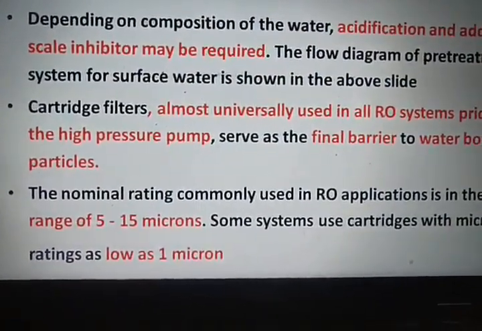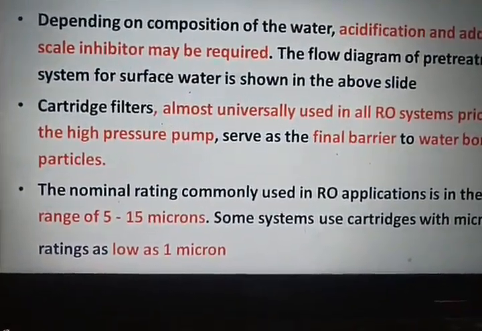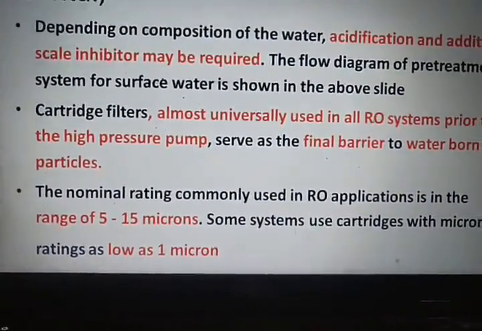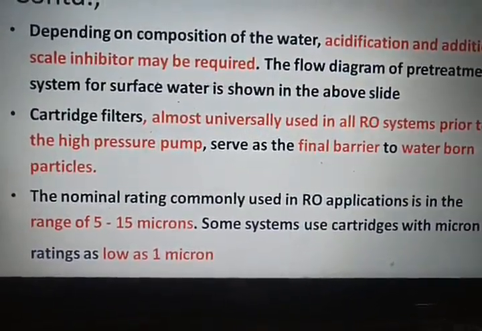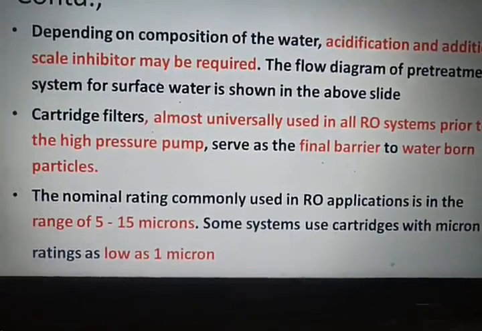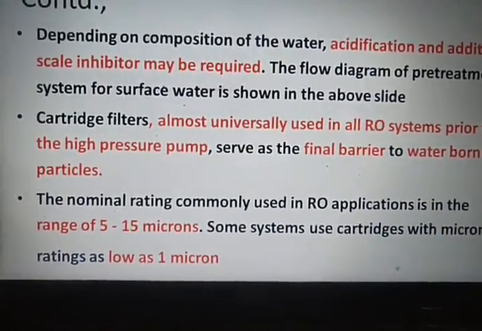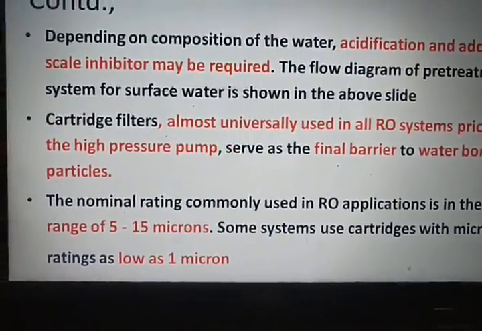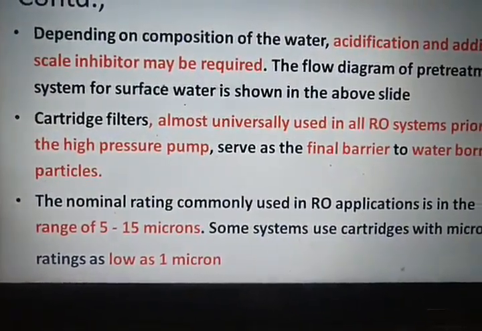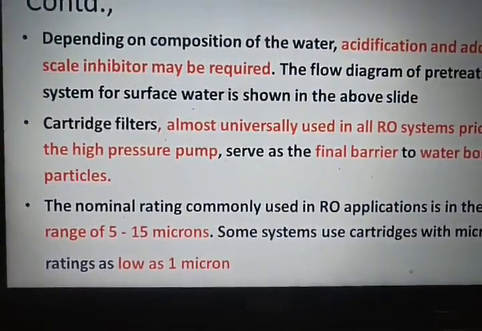Here the cartridge filters are almost universally used in the RO systems prior to high pressure pumps. They serve as a final barrier to waterborne particles and they increase the life of the membranes. The normal rating commonly used in RO applications is in the range of 5 to 15 microns.